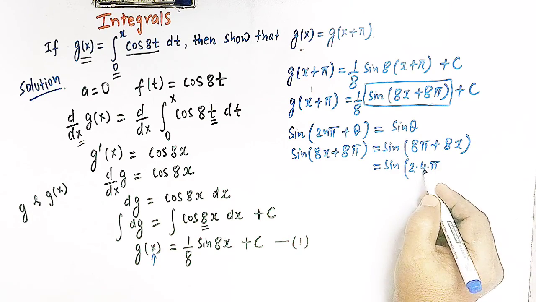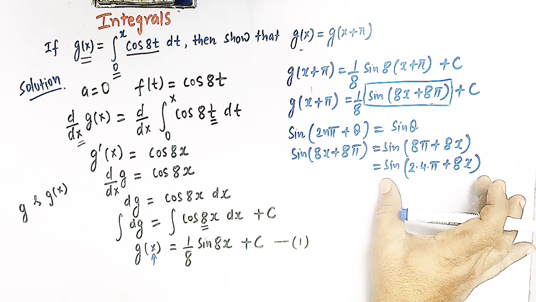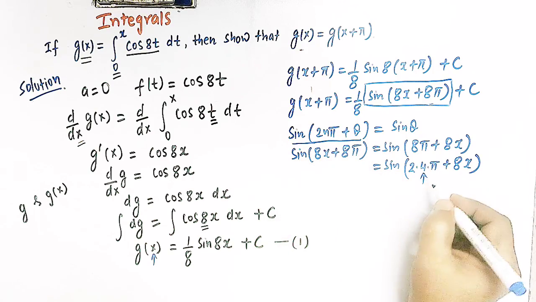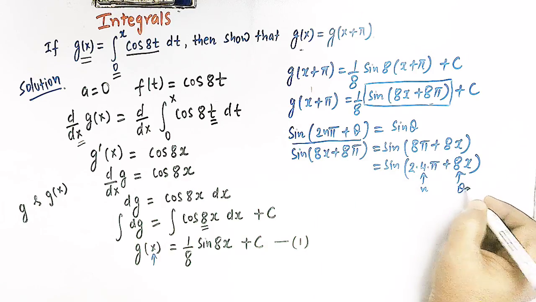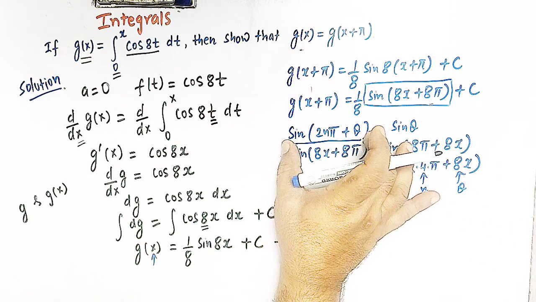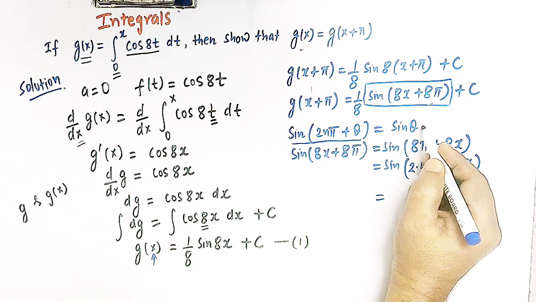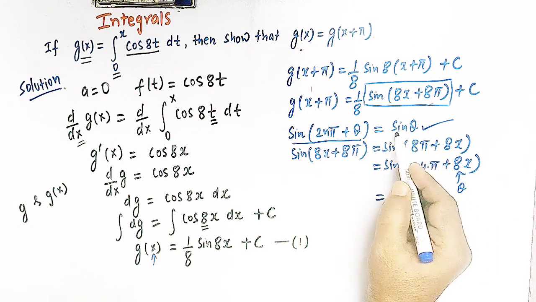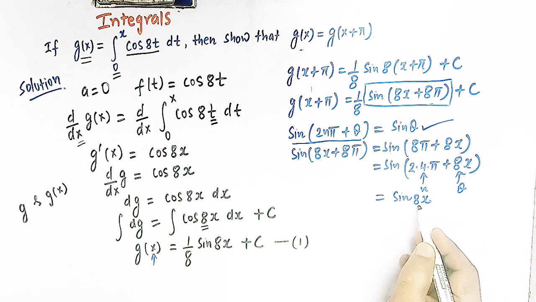Because 2 times 4 is 8, and here we have 8x. So now if we compare this expression with this one, then the value of n is equal to 4, and our theta is given by 8x. So this expression is now of this form, that is sine of 2n pi plus theta. So according to this rule, we can now write simply sine theta, and our theta is 8x, right?